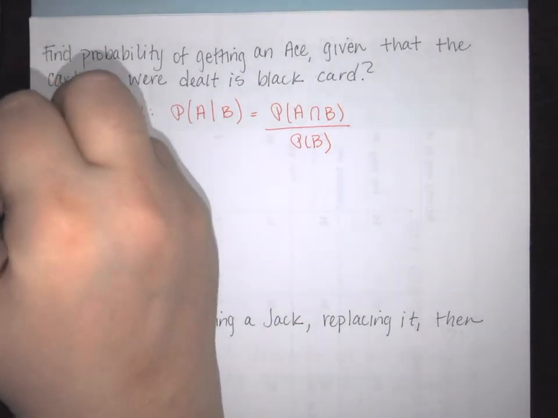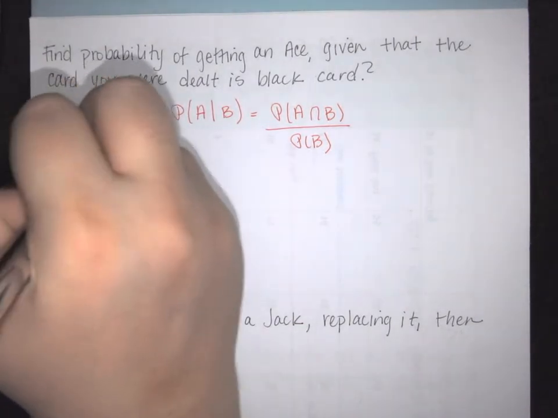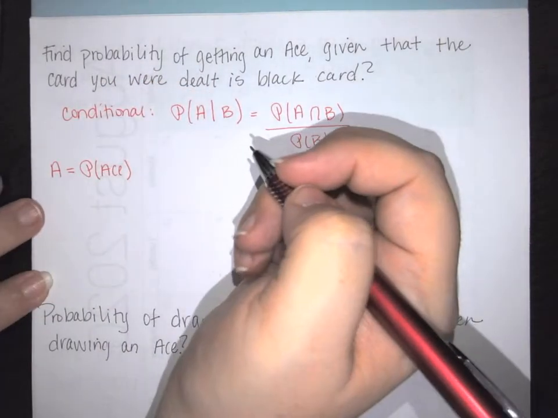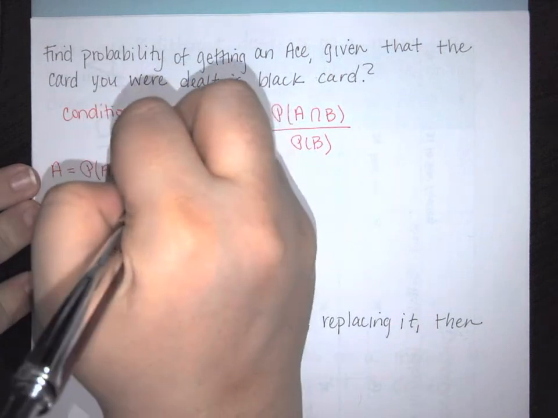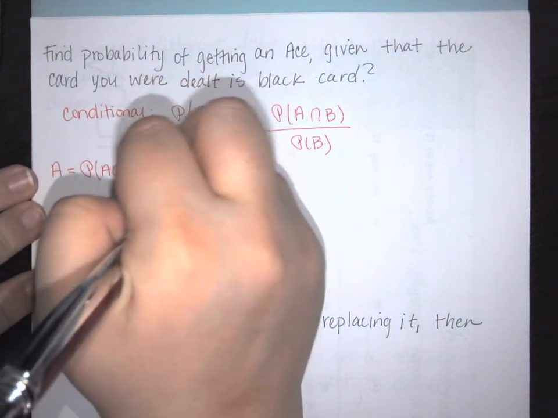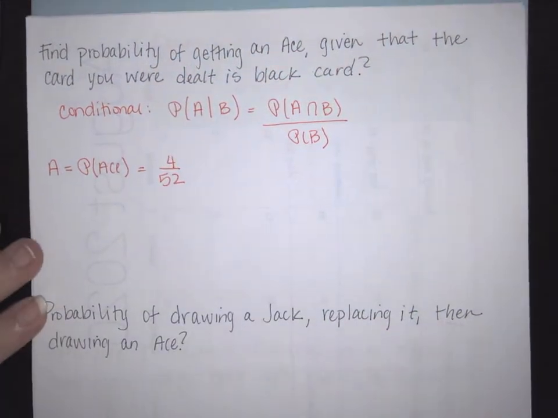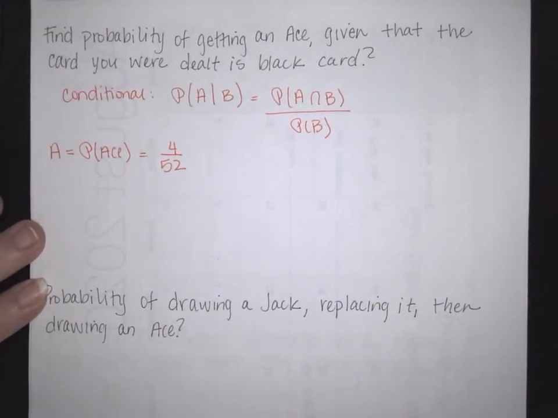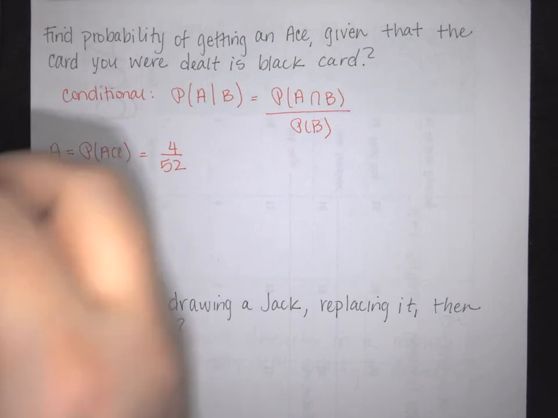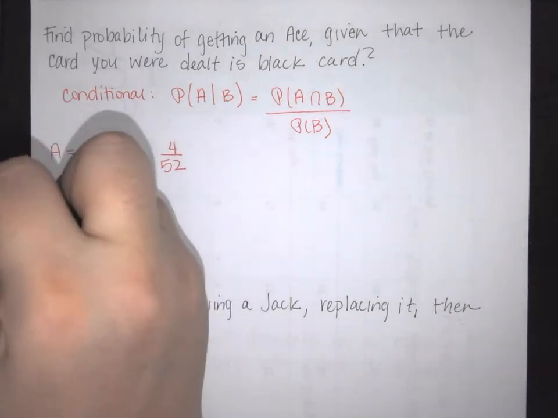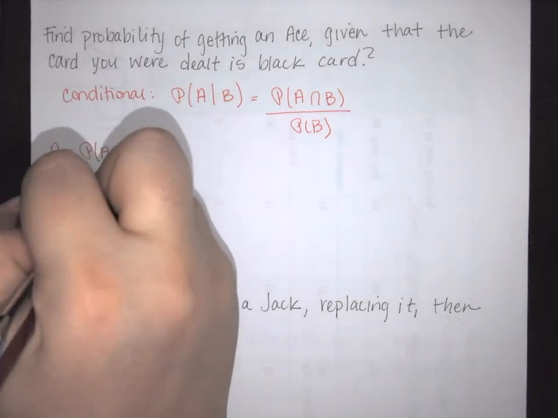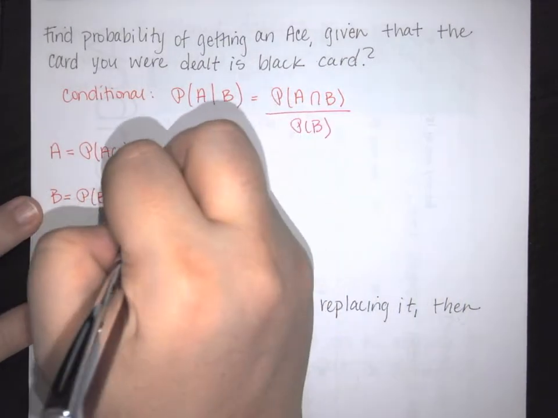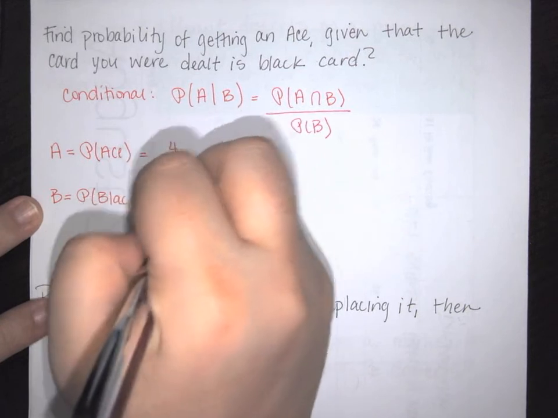Here my first event is the probability of getting an ace. The probability of getting an ace is 4 out of 52 because I have 4 aces in my deck. Now I want to know the probability that I have an ace given that the card I was dealt was black. So my second event is the probability that I have a black card. I have 26 black cards to choose from.